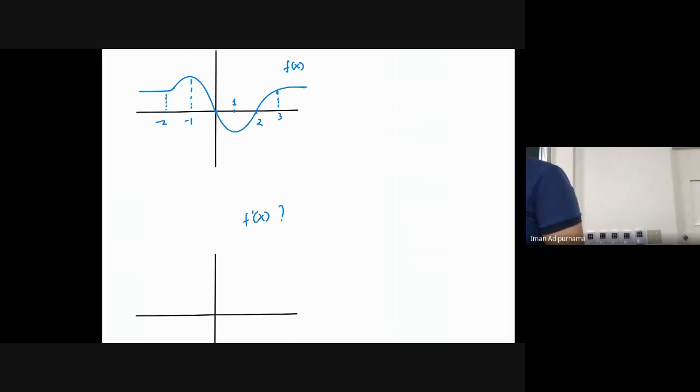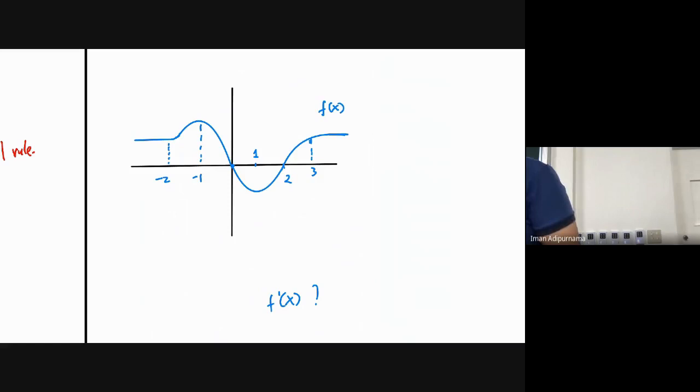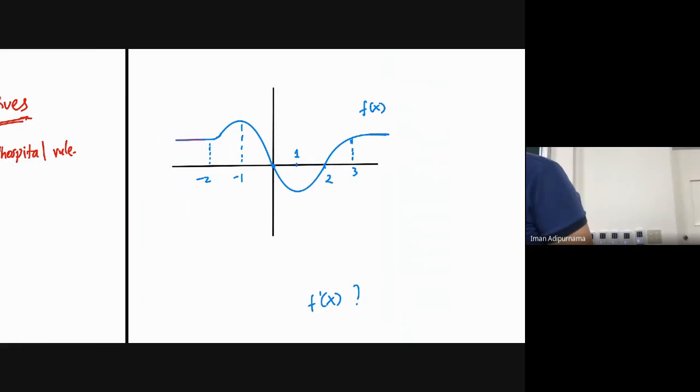To draw the graph, you need to first find where the f prime is 0. That's the first thing you can do. So this is where f prime is 0 here, and this also 0.